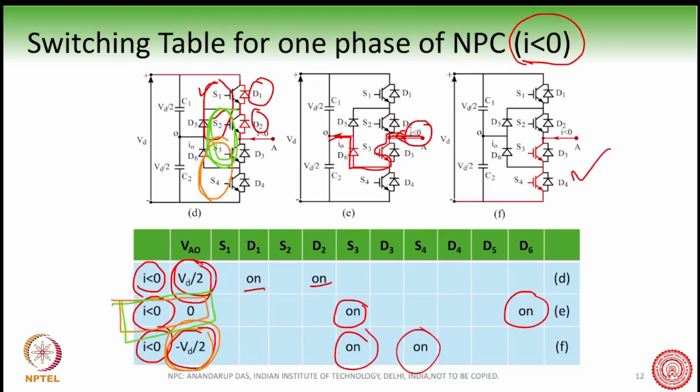So the current will decide which devices out of S2 and S3 will conduct. For the condition where I want to get 0 voltage at the output, I will give pulses to S2 and S3 simultaneously, and one of them will conduct depending on the direction of the current.